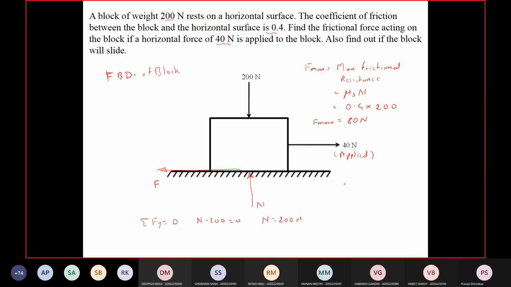So what will be the frictional force in this case? It will be 40 Newton. The frictional force will be from summation Fx equal to 0. So F minus 40 is equal to 0, so F is equal to 40. Okay. Any questions?